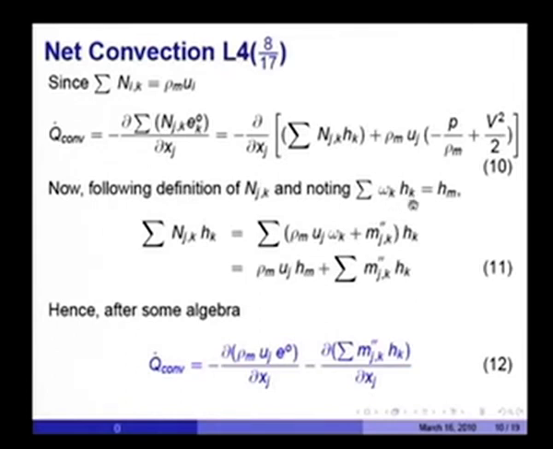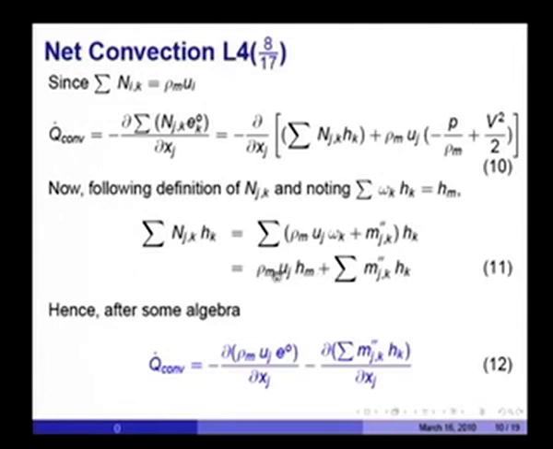If we now note that omega k into h k, that is the mass fraction of species k multiplied by its specific enthalpy, must add up to the mixture enthalpy, then sigma n j k h k would be sigma rho m u j omega k plus m double dot j k, the diffusion flux, into h k. And since sigma omega k h k is equal to h m, it will add up to rho m u j h m plus sigma m double prime j k h k.